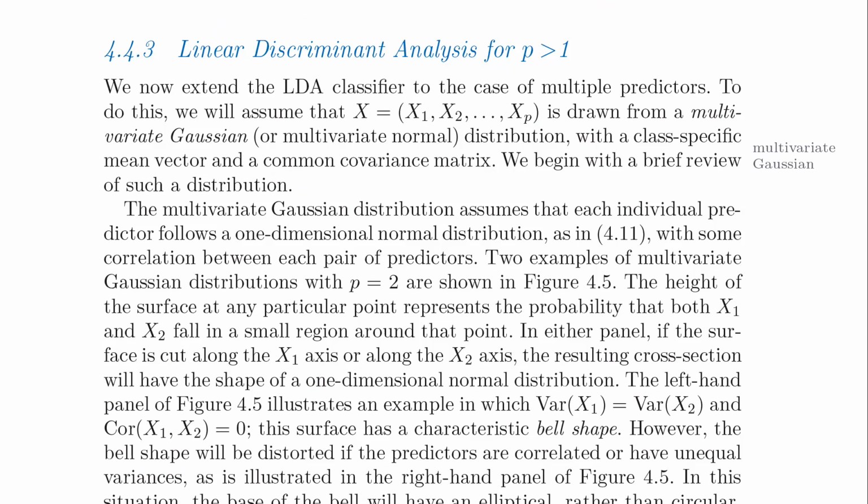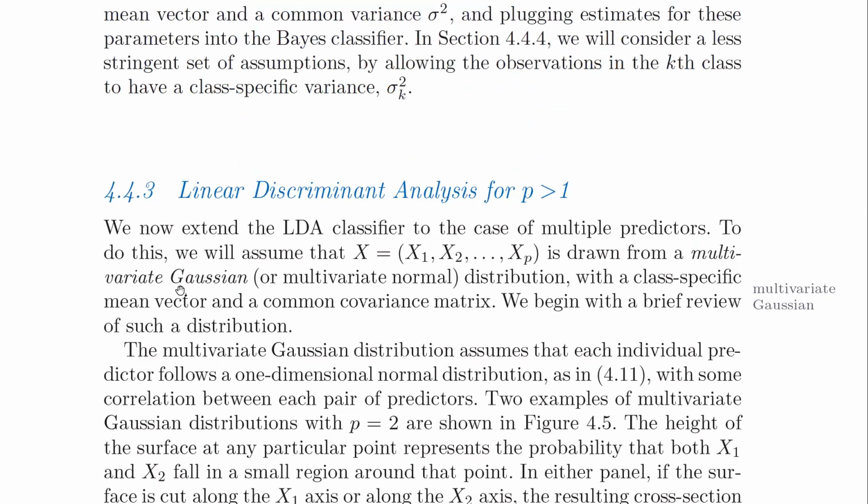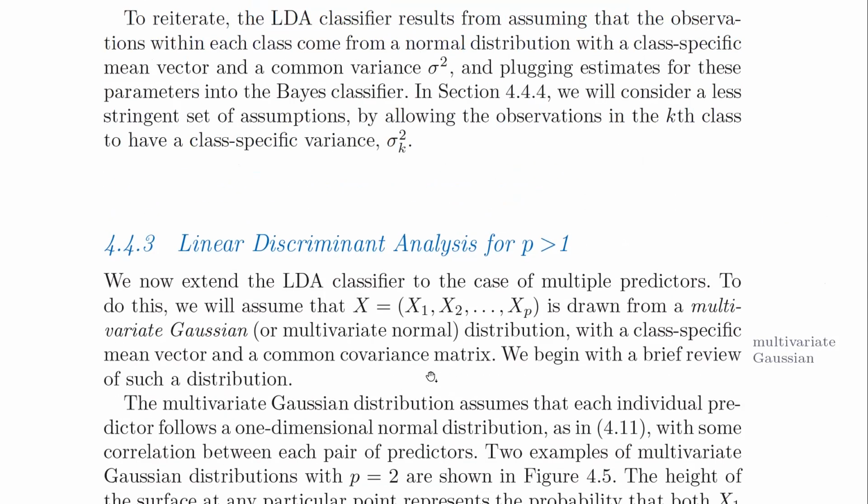To do this, we shall assume that X, so we don't just have x1 now, but x1, x2, until xp, is drawn from a multivariate Gaussian, also known as a multivariate normal distribution, with a class-specific mean vector.